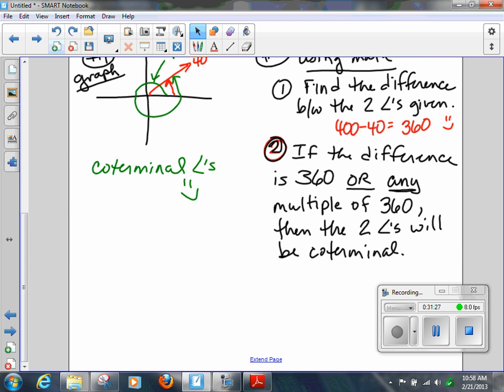Get out of the way so you can write that down. If your difference is 360 or any multiple of 360, then those two angles will be coterminal.